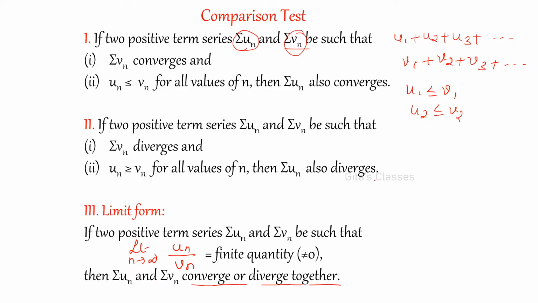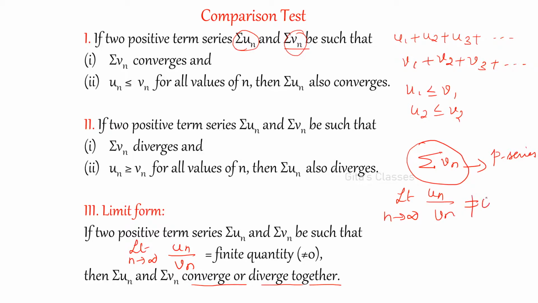What we are going to do is find sigma vn from the given series. You can decide the nature of sigma vn by choosing a proper sigma vn from the given question, using the p series test. Then you have to find limit n tends to infinity un by vn.